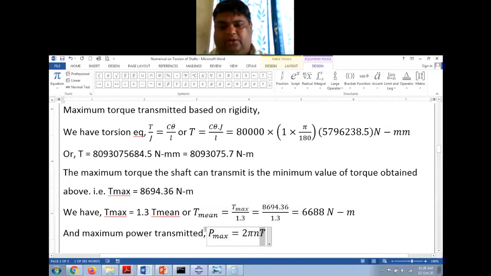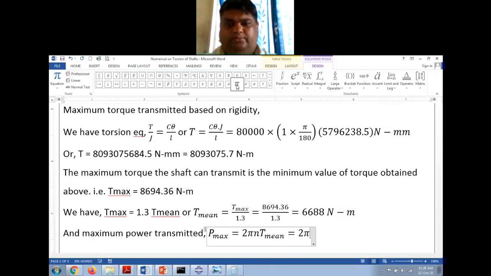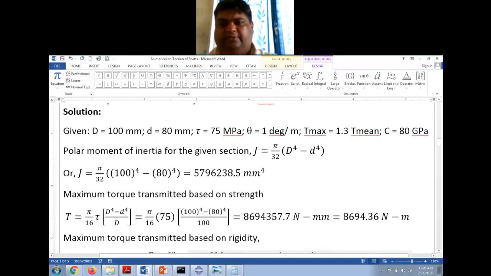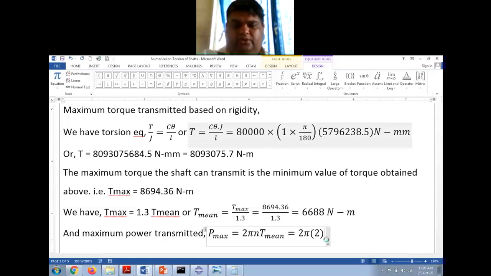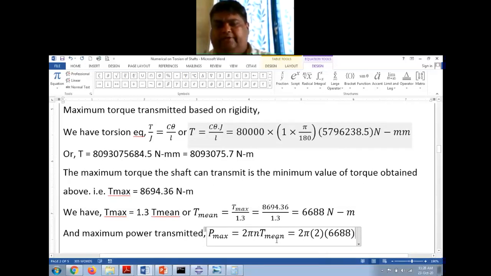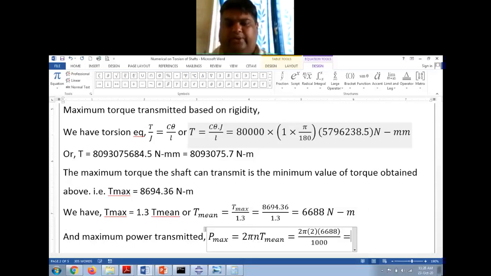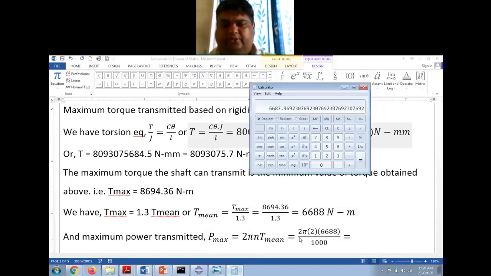This is not the maximum torque, this is the mean torque.